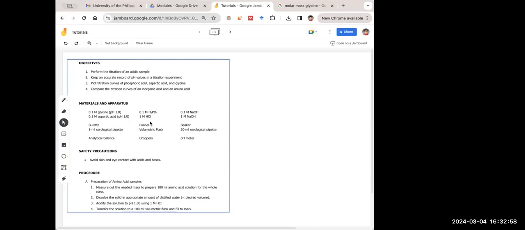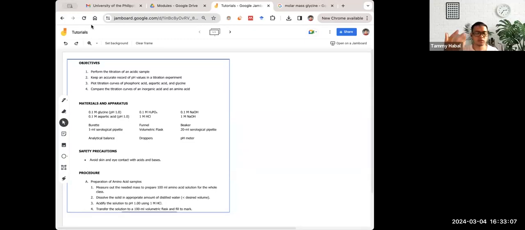I'm assuming the aspartic acid is the same as the glycine. Besides the weight, it should be the same, and the process is also the same. So you can annotate. I won't give comments; I'll give comments after 10 minutes.